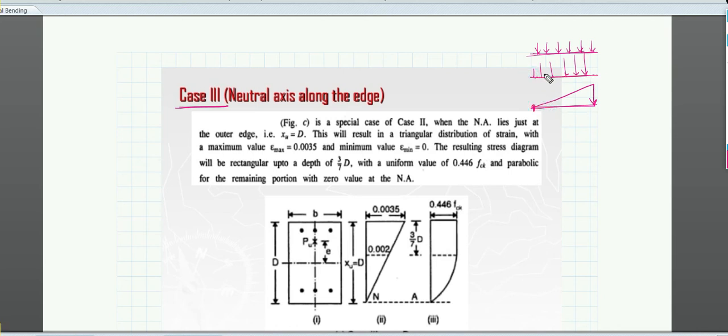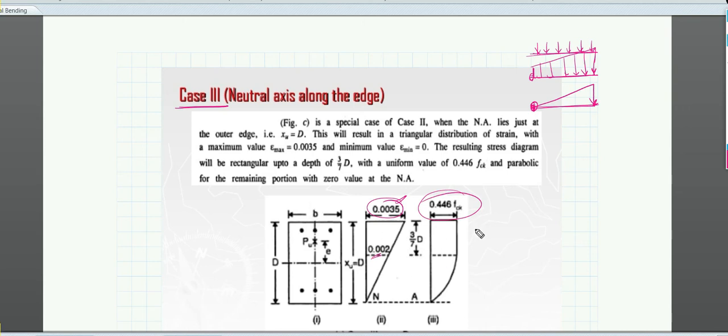In the previous case we had some values at the edge, so it was not zero. But in this case, we assume the neutral axis is just at the edge, so the compressive stress is zero here and maximum here. This maximum value is 0.0035, and this is the 0.002 strain value, and the maximum stress is 0.446 fck.